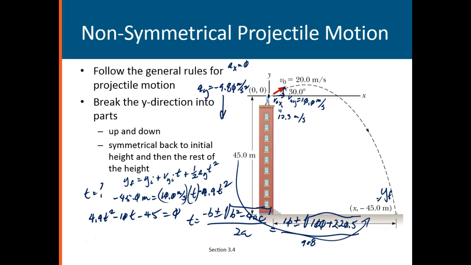Calculators don't know what you mean, they know what you put in. So it's 10 plus, we're only going to use the plus, the square root of 320.5, and then either hit an equal sign or precede that with a parentheses, and end it with a parentheses, then divide by 9.8. Okay? And what do you get?